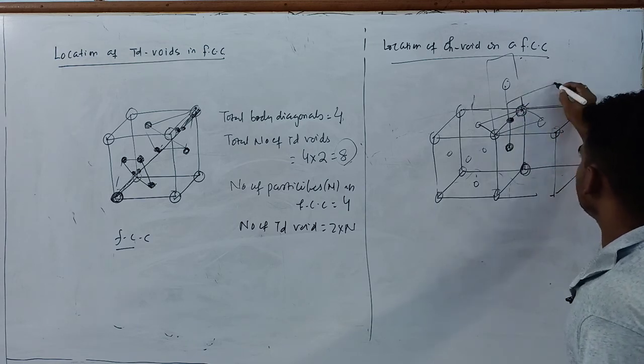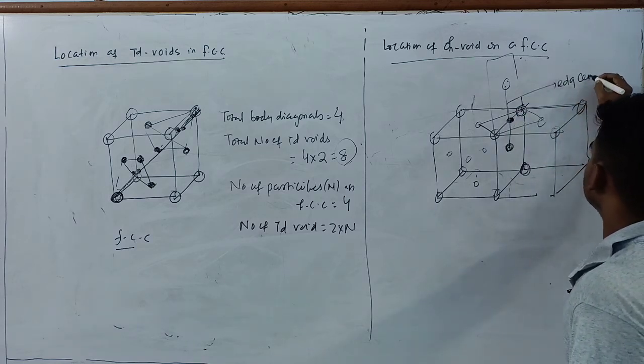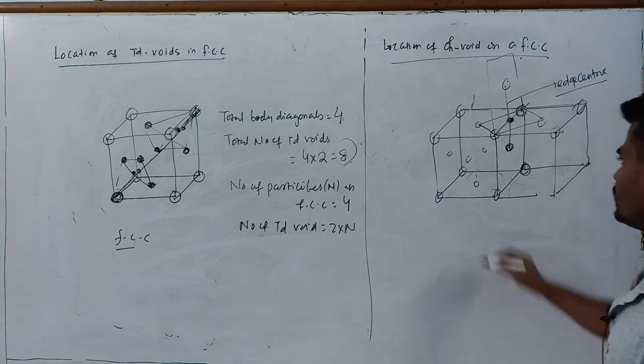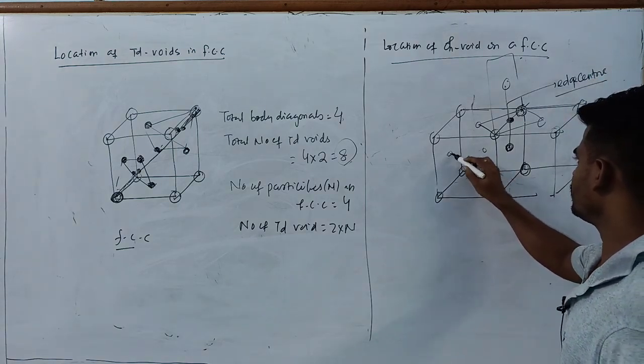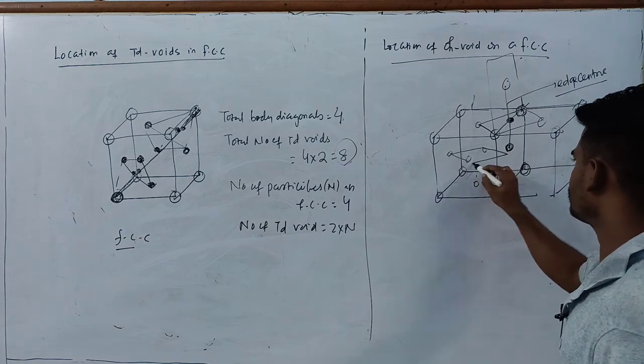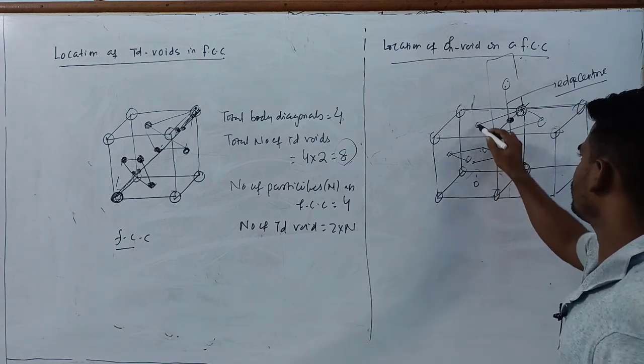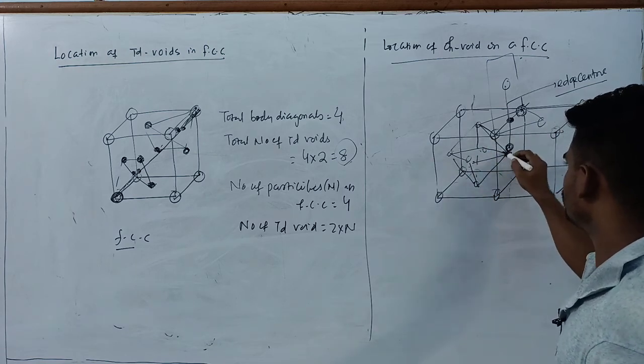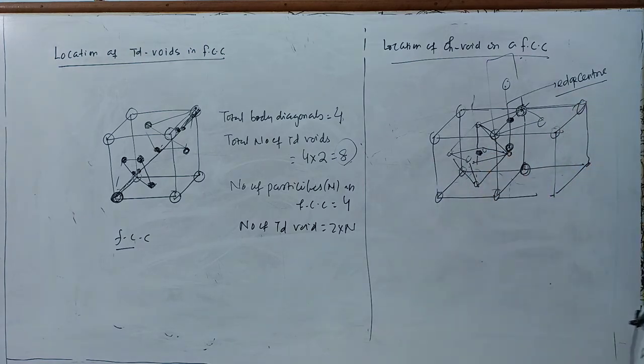This one is your edge center, and another one is at body center. You can see if I join these four spheres, and another one is here and another one just below, this one is also an octahedral void, one at body center and one at edge center.